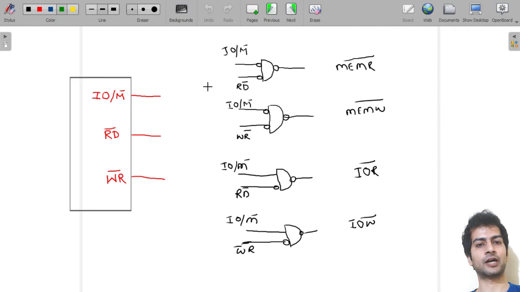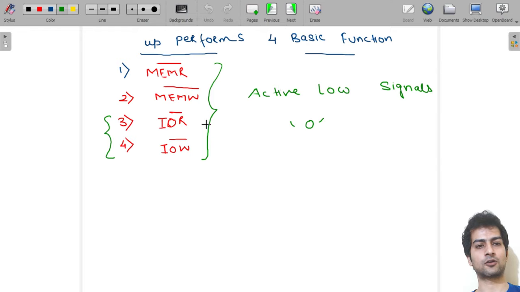We can achieve these four basic functions by using only 3 pins, and we can achieve it only because there's a very important concept that at a time microprocessor can perform only one function. This is very important.